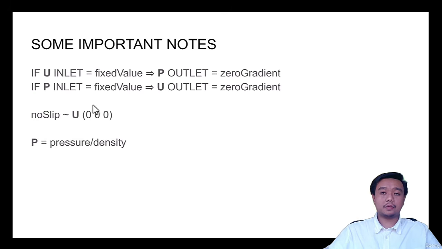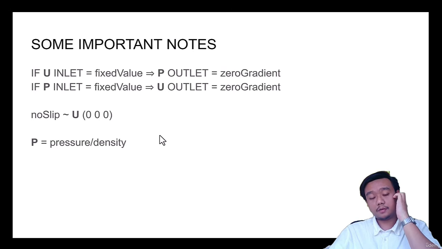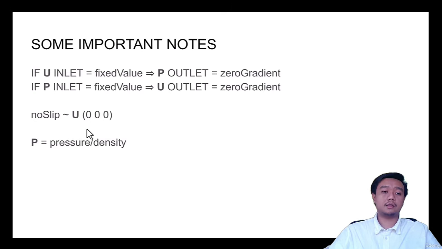And the no-slip condition is basically the same as a velocity of 0. So yeah, they are just equivalent. And here in OpenFOAM, the pressure is the pressure divided by density. It is like a consequence of numerical reduction.